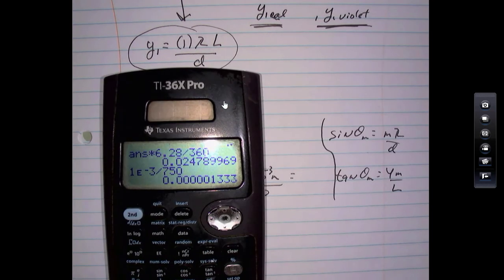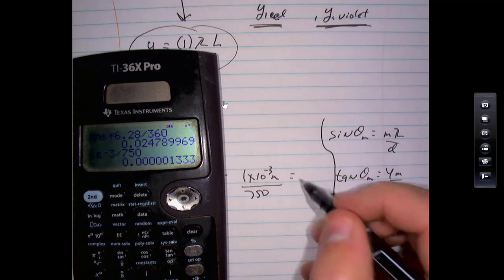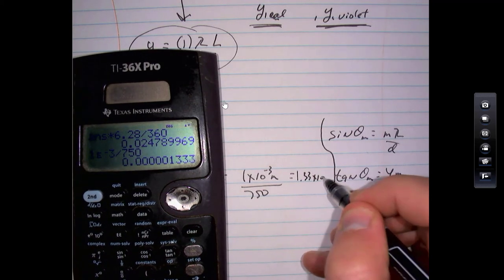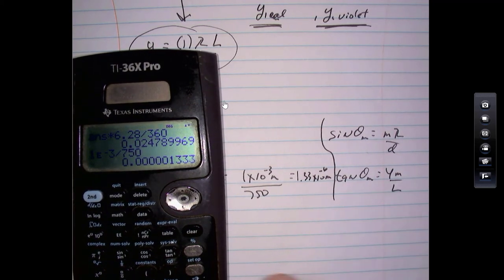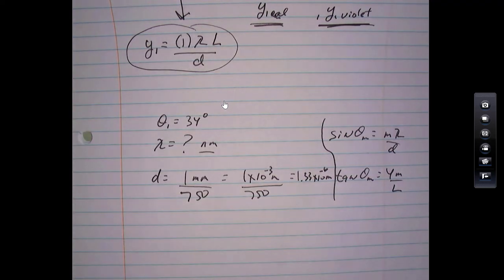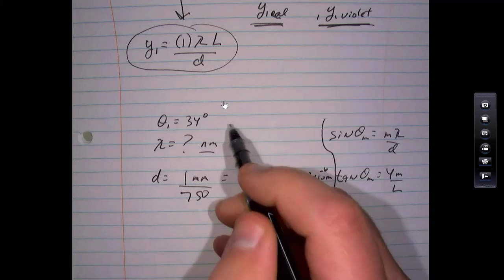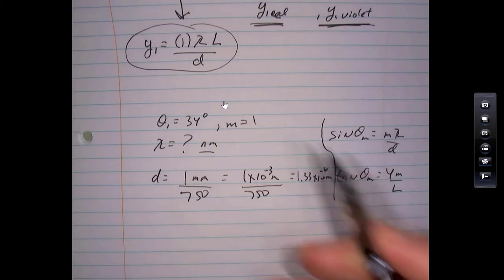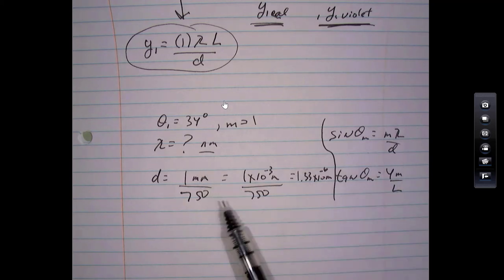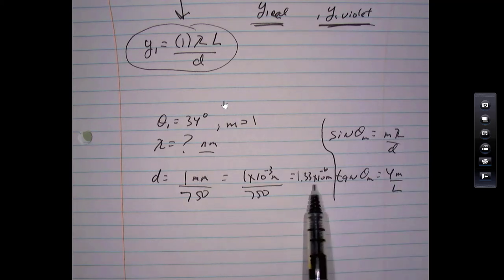And a really small number here. 1.33 times 10 to the minus sixth, and that's in meters, which again we want it to be in meters. Okay, so we got the angle for m is equal to 1. That's what they're telling you there. We're trying to figure out the wavelength, and now we know the slit size.